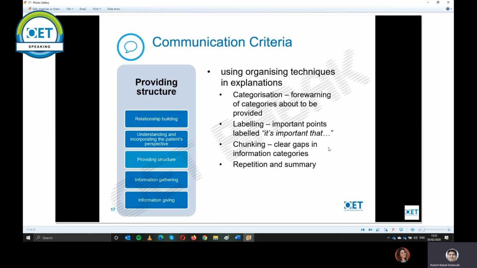Basically, it means that we don't actually give a lecture to the patient. We say, okay, I'm going to talk to you about chest pain, different types of chest pain. Is that okay? They say, okay. So this is the first part. You pause. And then you say, okay, some pains are caused by heart.